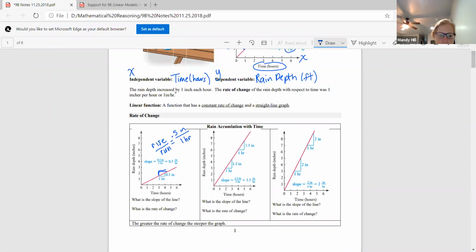When we reduce this, 0.5 divided by 1 is just 0.5 inches per hour. Usually when we talk about slope, we don't put the units down, we just put the number. So our slope is 0.5 or 1/2. Our rate of change is actually 1/2 an inch every hour.